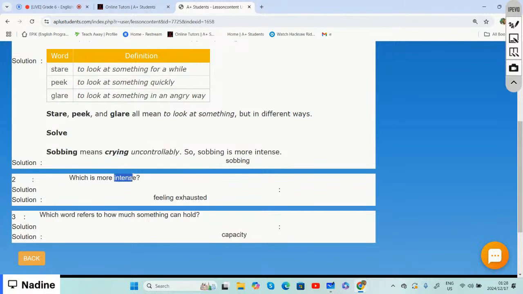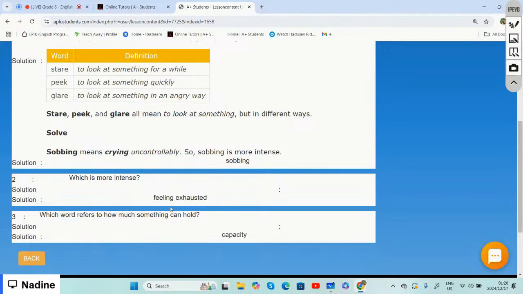A word that is more intense, we would say being exhausted is more intense than just saying I'm tired. Because remember, if you're tired, it's sometimes just the body that is tired physically.